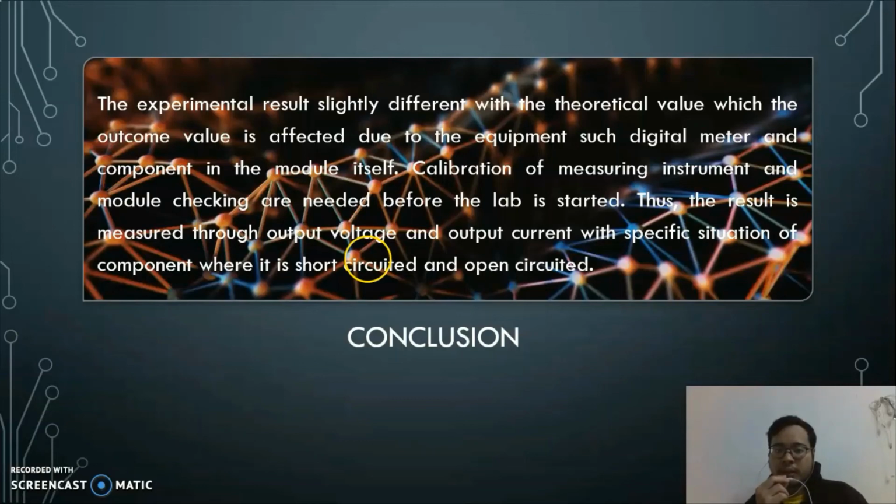The calibration of measuring instruments and module checking are needed before the lab is started to avoid misleading values. Thus, the result is measured through output voltage and output current with specific conditions of the component, where it is short-circuited and open-circuited.